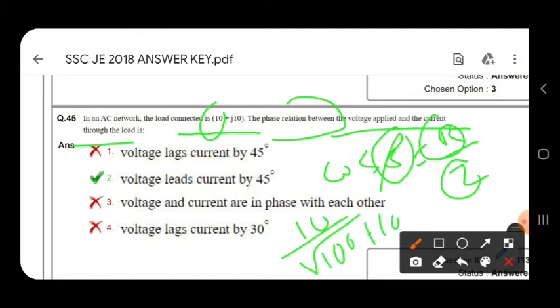Put the formula and finally you will get phi as cos inverse of this, which is 45 degrees. This is an inductive circuit, so current always lags and voltage always leads by 45 degrees.